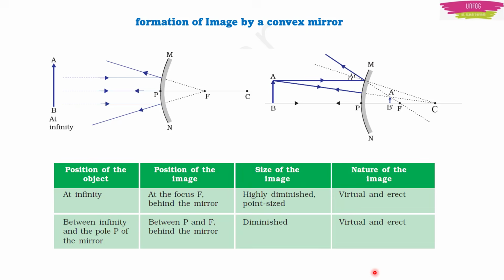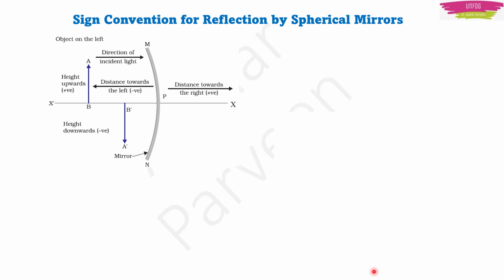Now we are talking about the situations wherein how the light gets reflected and where the image is formed depending on where the object is kept. But we will have to use certain sign conventions. We will have to know where to use plus and where to use minus in spherical mirrors.